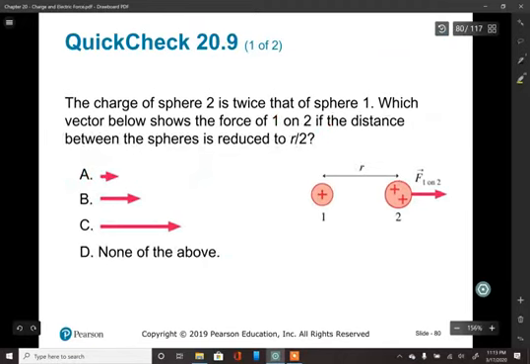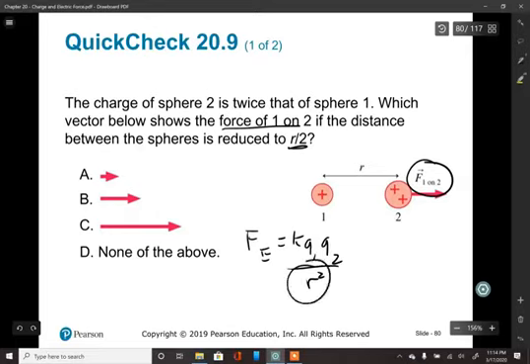Okay, so now we have the same situation. Charge 2 is twice the magnitude of charge 1, but now we're going to change the distance. We want to know what happens to force 1 on 2. How does this force change if we cut the distance in half? Well, let's look at the equation. There's our equation.